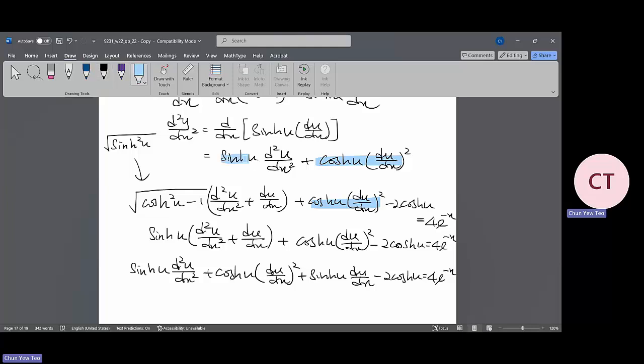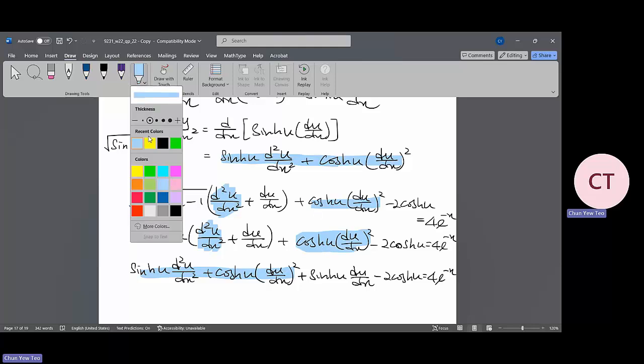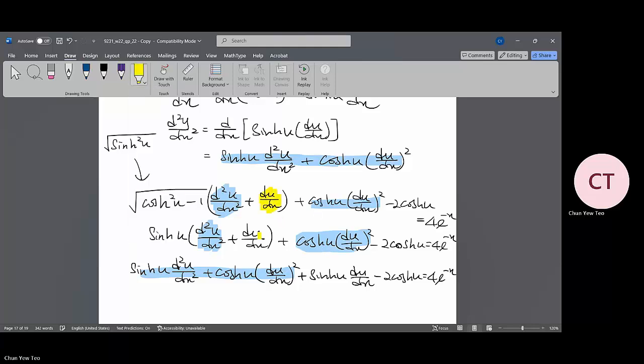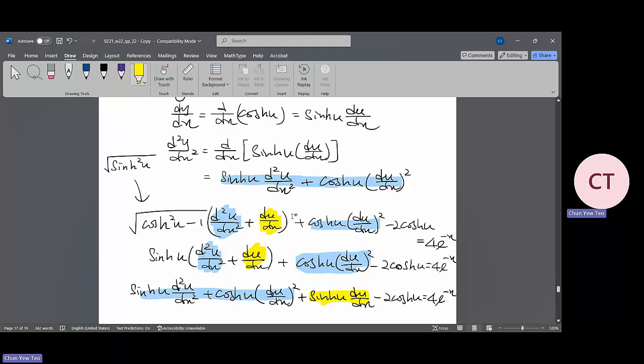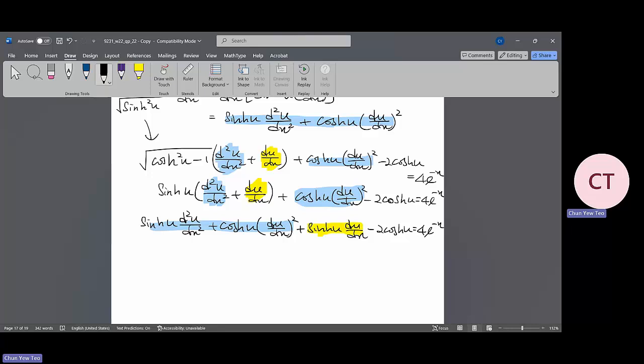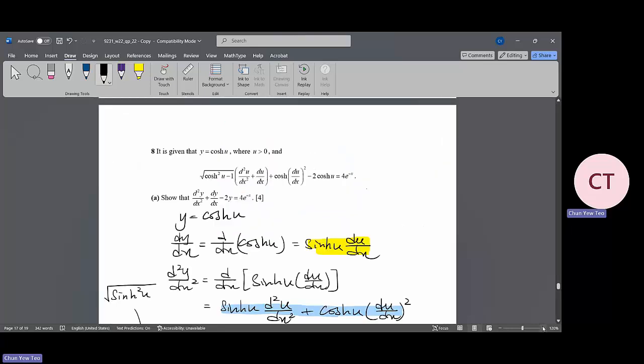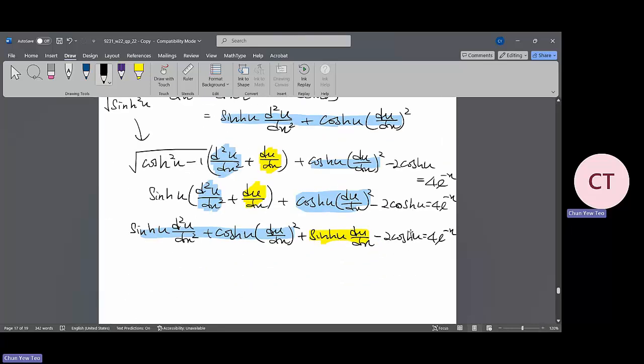So do you see this and this are the same? So that means this part, we combine them together. Then this part, after you expand, it will be this. So from here, we will just say that, straight away put it like this, just put a bracket.